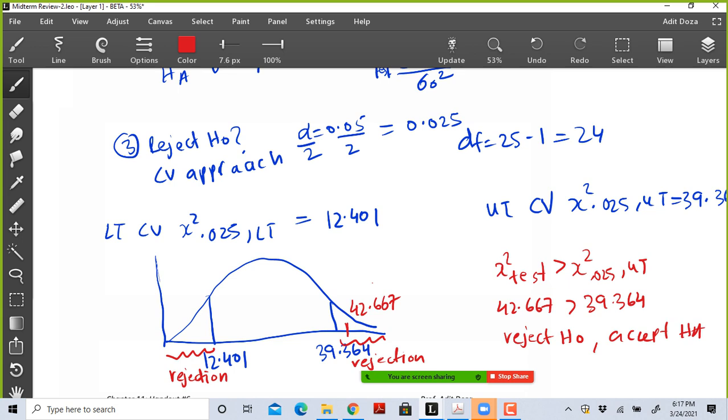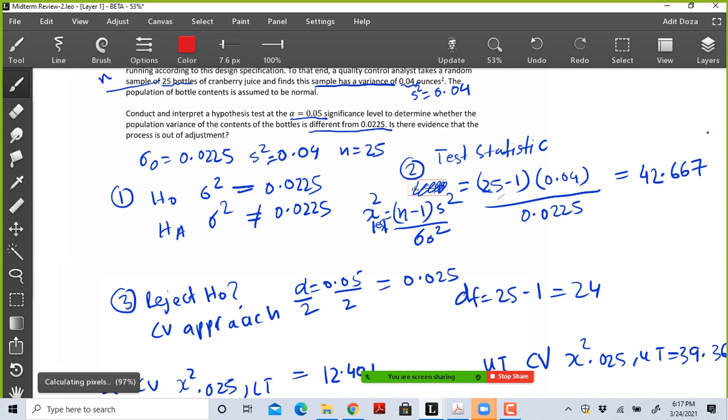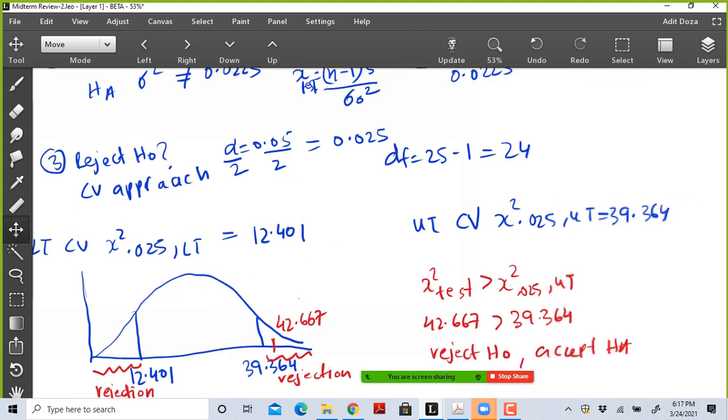So if we reject H naught, what would be the interpretation? That means the variance is not equal to 0.0225. So the alternative is true.